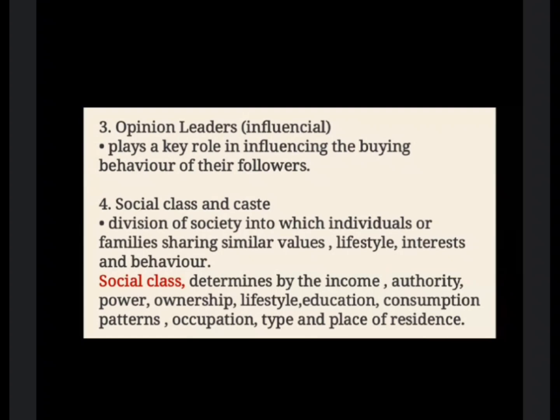As you can observe in the caste system in India, if you belong to the Vaishyas, then your values, lifestyle, interests, and behavior should be aligned with the Vaishyas caste.